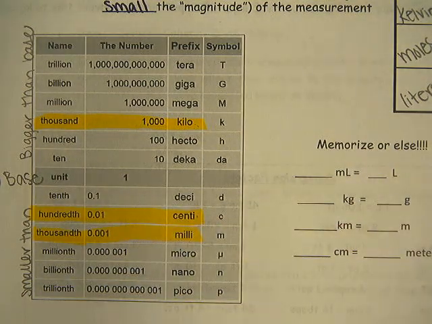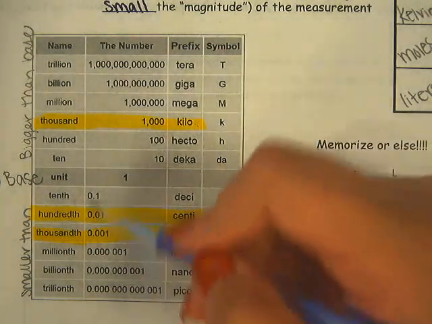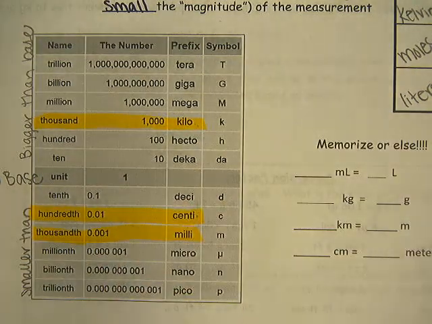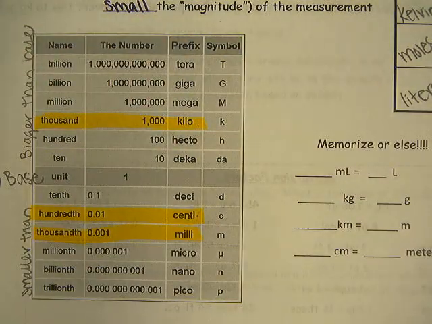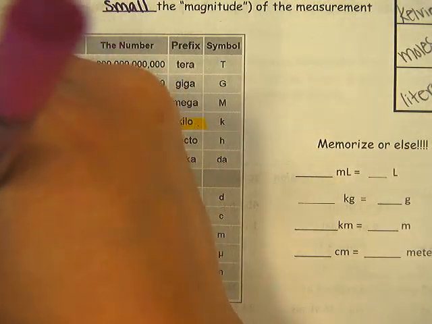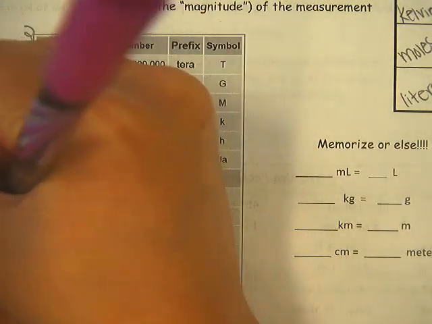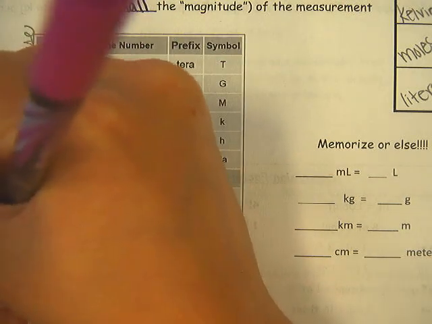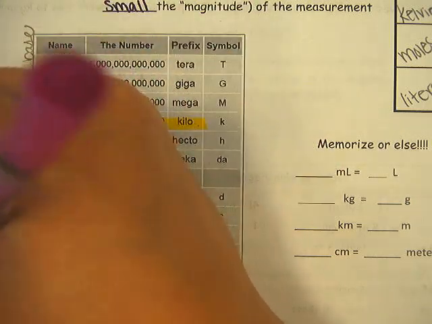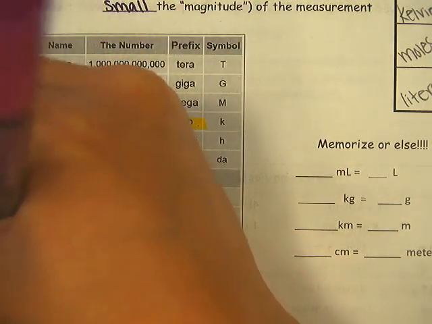Or another way that we can think of that, I tend to stay away from these numbers and basically just always put it in a way that you can write it as a whole number. And I'll show you what I mean by that. So centi is 100 times smaller than the base unit.